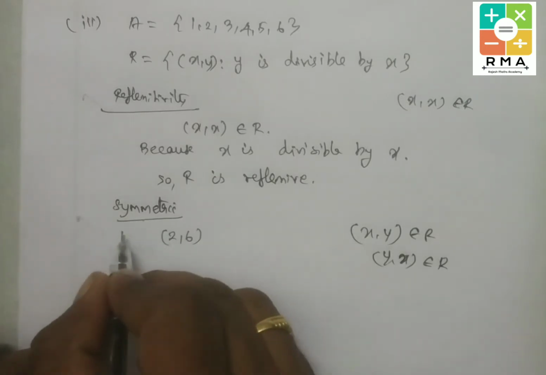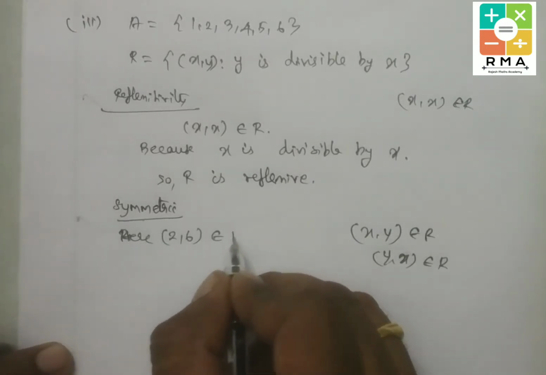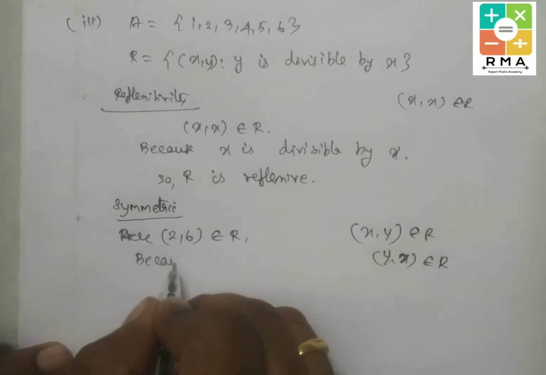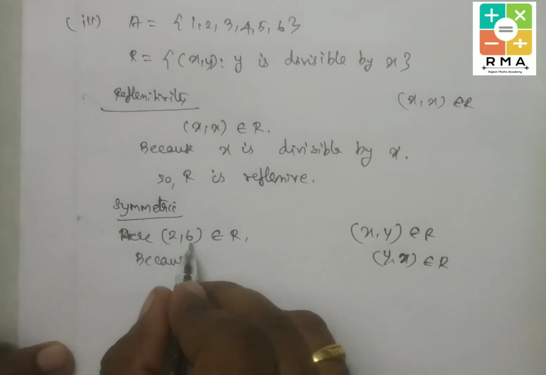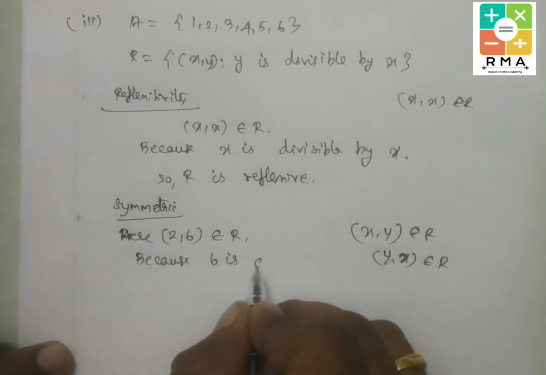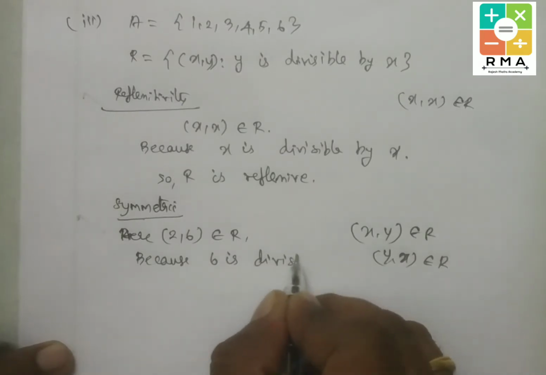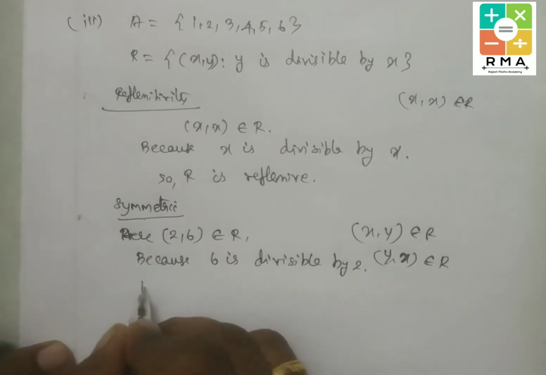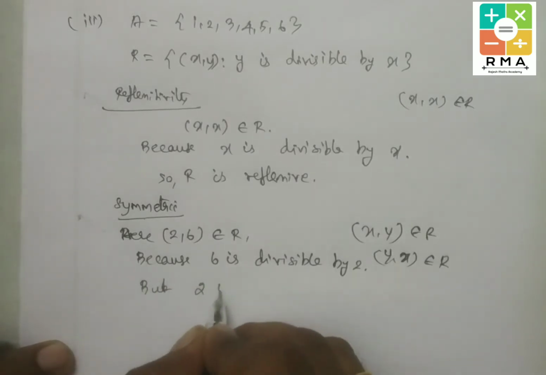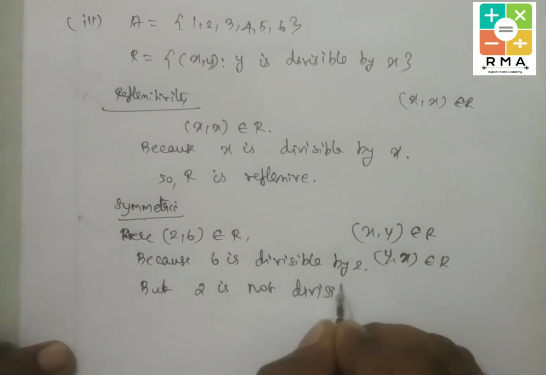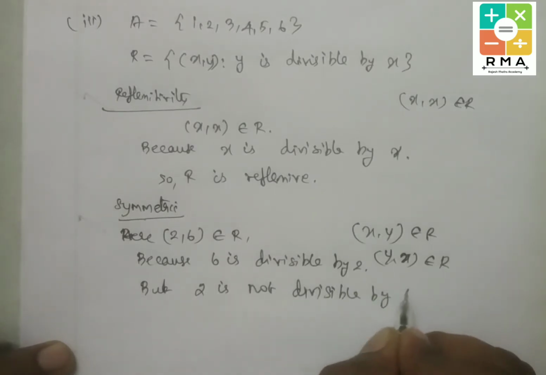Here 2 comma 6 belongs to R because what is the reason? Because second number is divisible by first number, that is because 6 is divisible by 2, but 2 is not divisible by 6.